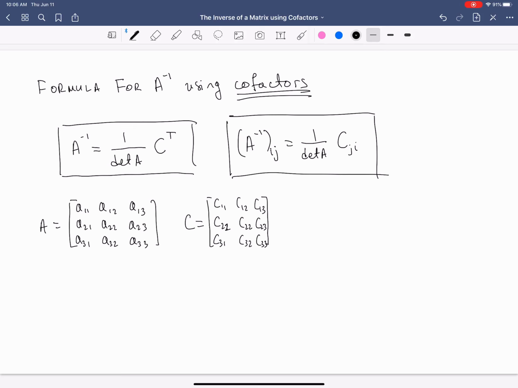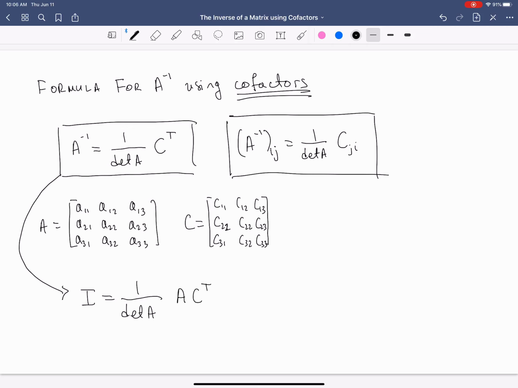Why does this formula work? I can rewrite this expression. An equivalent way to write the formula would be, let me multiply both sides by A. What I will get is the identity equals 1 over the determinant of A times A times C transpose, or I could say C transpose A. I will say A times C transpose.